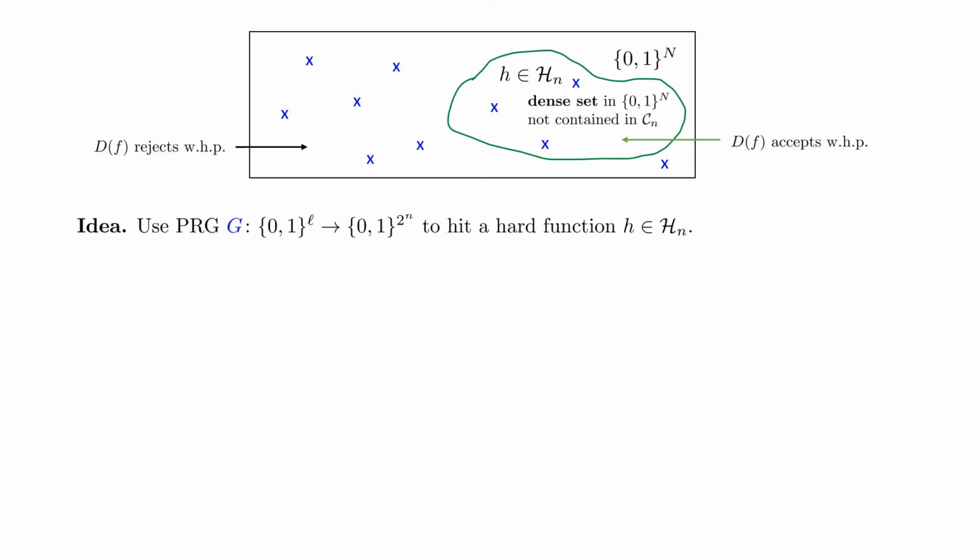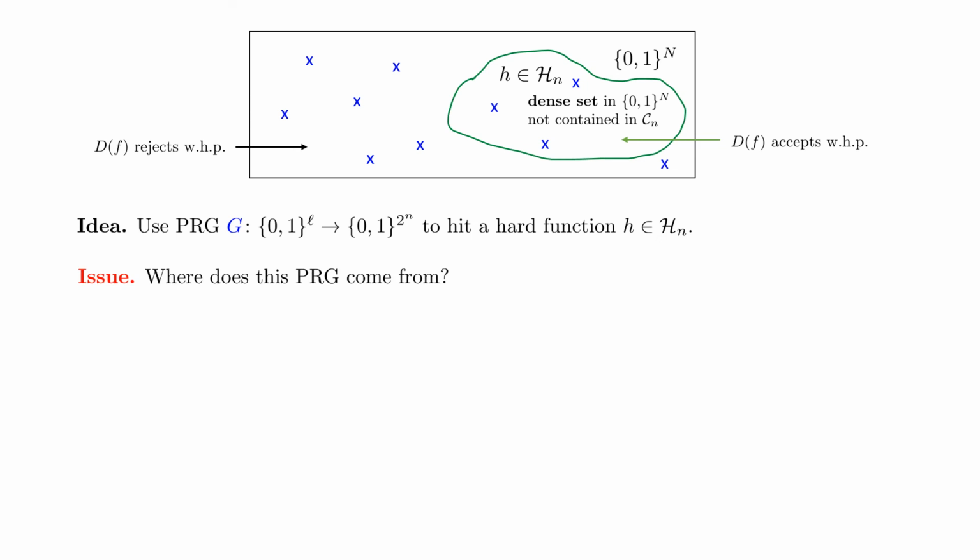Pseudorandom generators are particularly helpful when we'd like to fool an efficient test. In this case, our test is the quantum natural property. We're going to use the PRG to generate a string, which is a truth table that is accepted by the test, and therefore it's not contained in C.